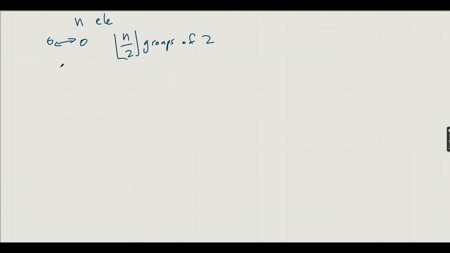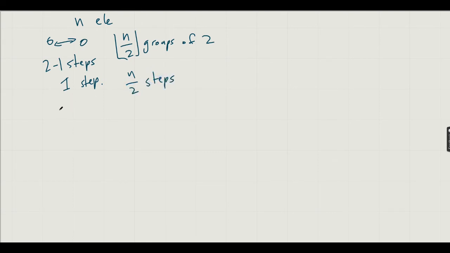But anyway, since there are 2 elements in here, it takes 2 minus 1 steps. So it takes 1 step to compare these. So the number of steps to make ordered groups of 2 would be n over 2, because it takes 1 step each.